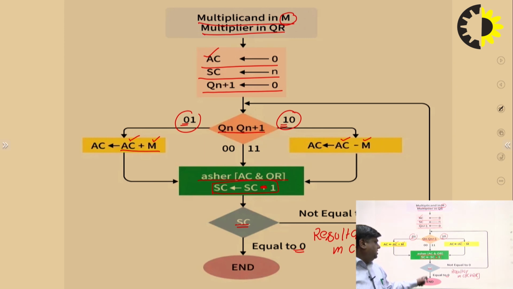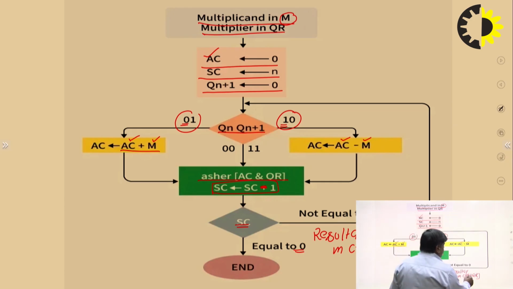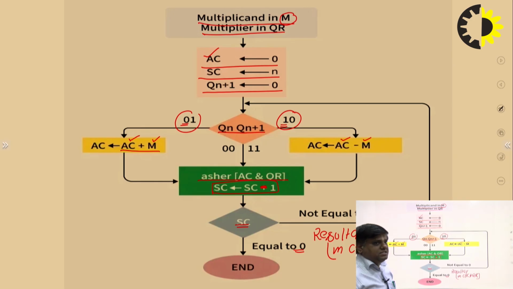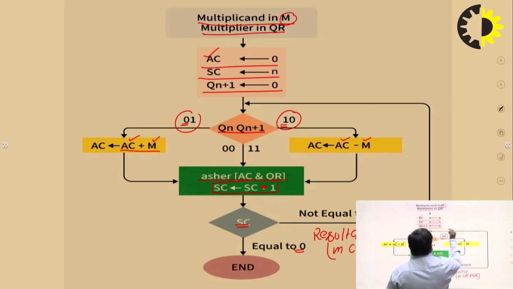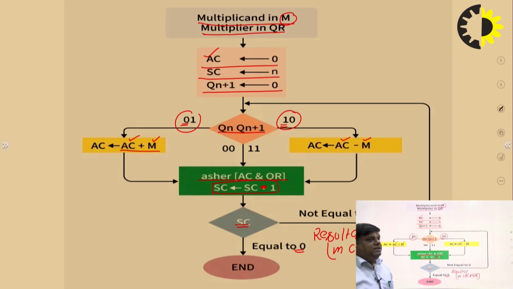When SC is equal to 0, the result is in AC and QR, not plus. And when it is not 0, then we move back to this step and again check Qn and Qn plus 1.